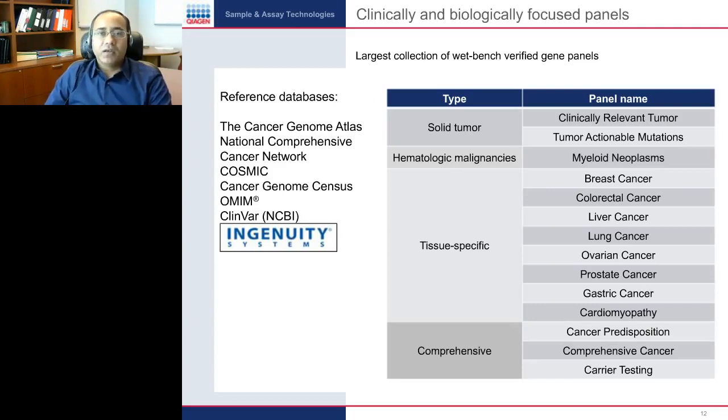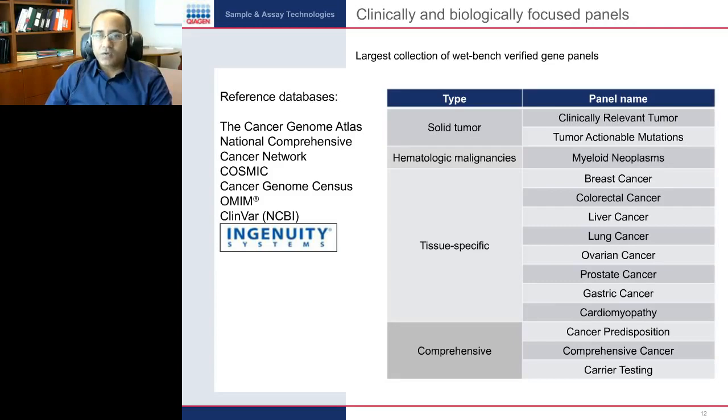We looked into multiple reference databases, ranging from the Cancer Genome Atlas to the National Comprehensive Cancer Network, COSMIC database, Cancer Gene Census, OMIM, and ClinVar, including our proprietary Ingenuity knowledge base, and manually selected the genes which are biologically and clinically associated with that particular disease.